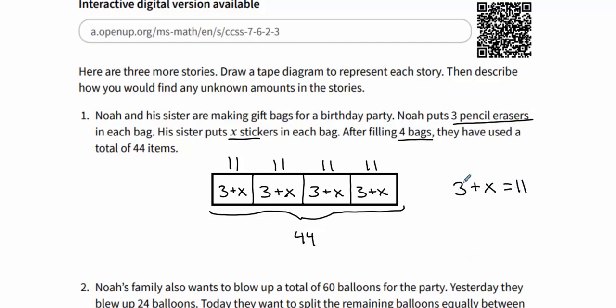So 3 plus what number is equal to 11? 3 plus 8. 3 plus 8 is 11, so X is equal to 8. And we know that X is the number of stickers in each bag, so his sister put 8 stickers in each bag.